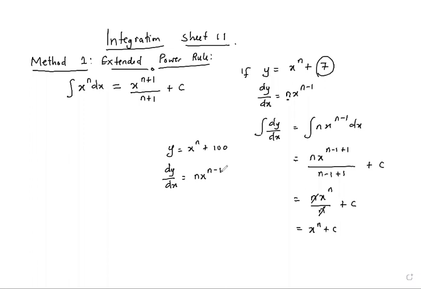So that's why we put a c here, just to realize that there could be some constant that was differentiated and gave 0, even as we reverse this action. Okay, so that is just giving a reason as to why we have the extended power rule.